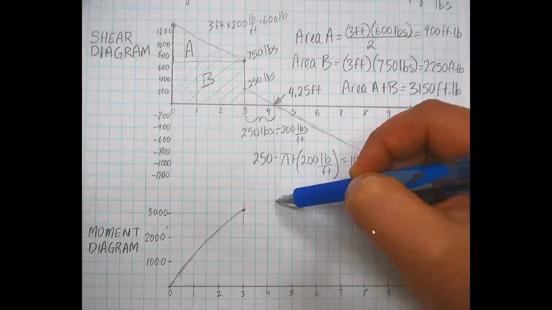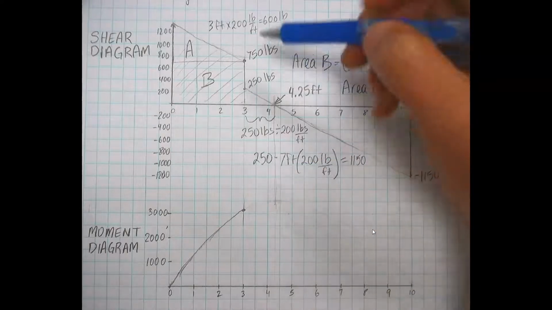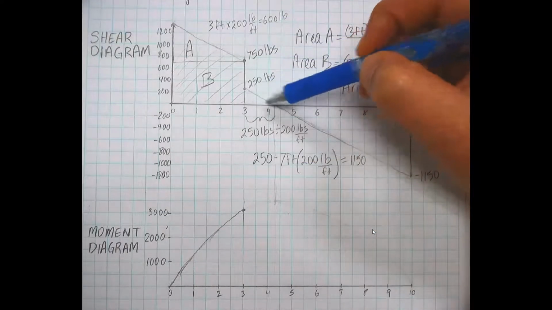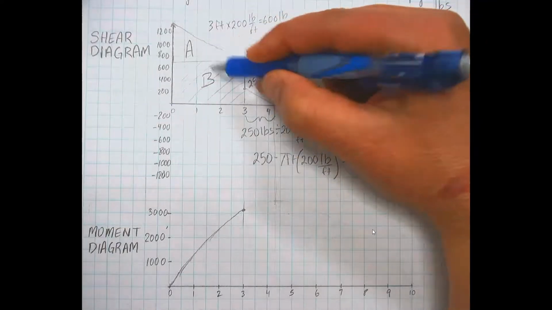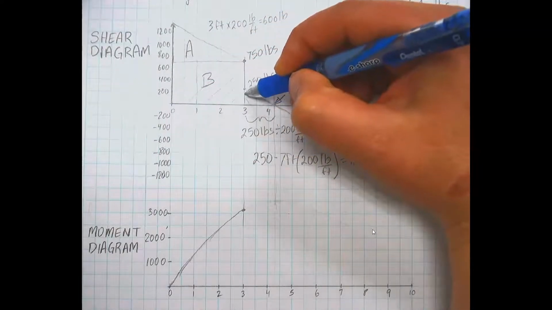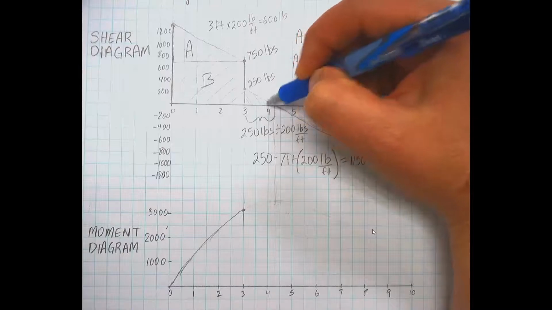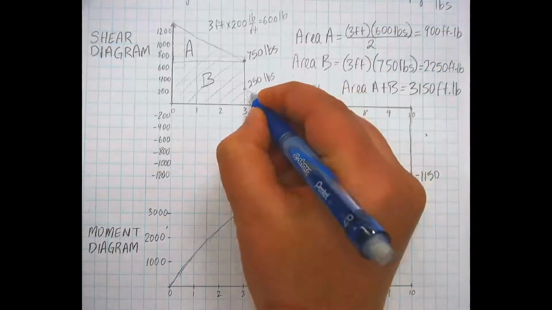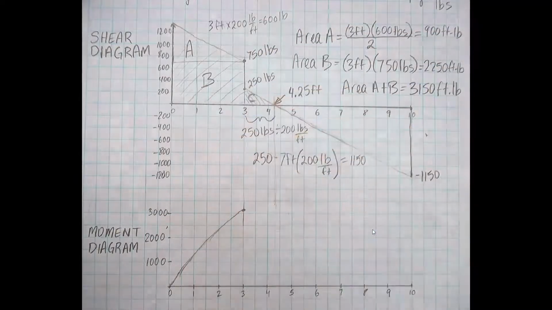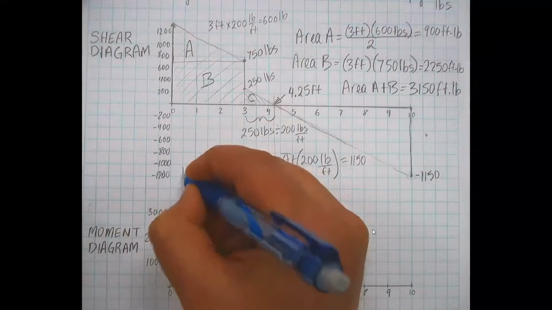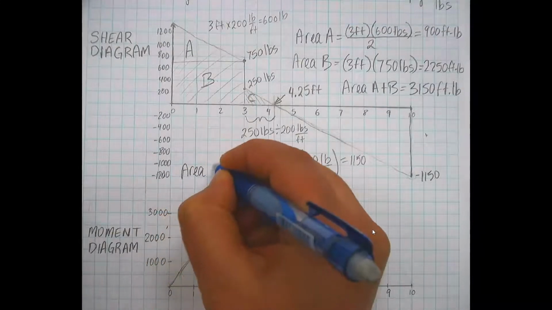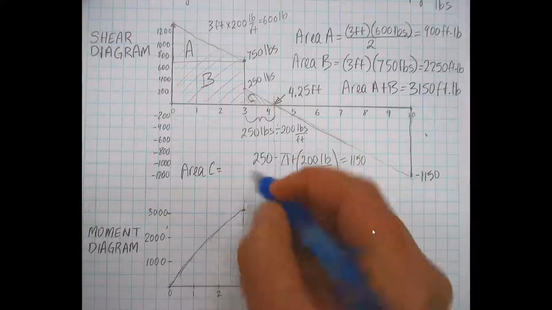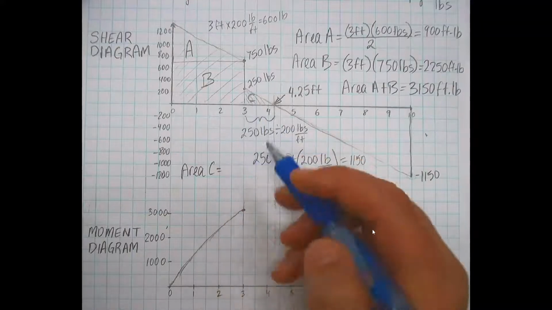All right, so to find the maximum moment, we then need to add this additional little piece of area here. So we figured out A and B, we've added those together. Our maximum moment is also going to involve the area of C. So let's do that in this little space we have here. Area C is going to be equal to base times height divided by 2.